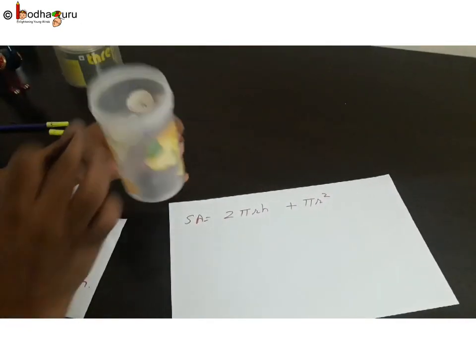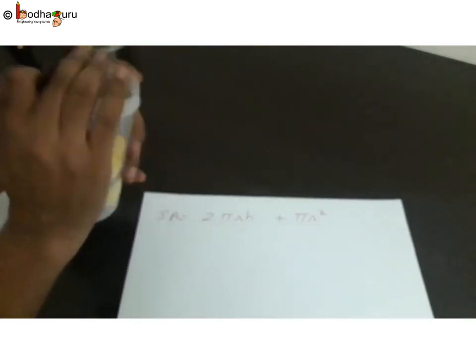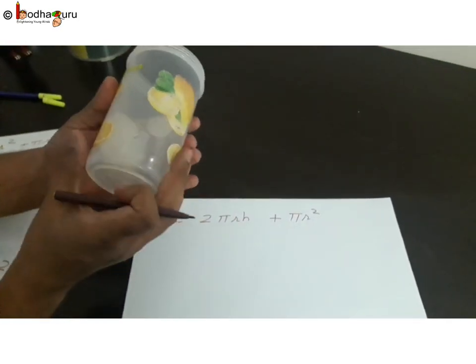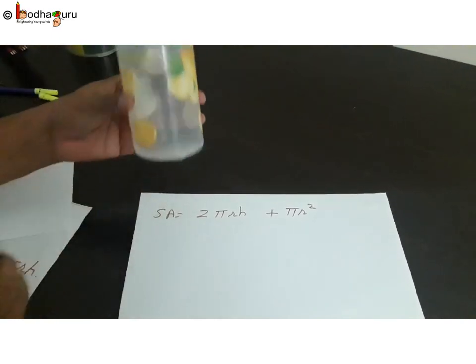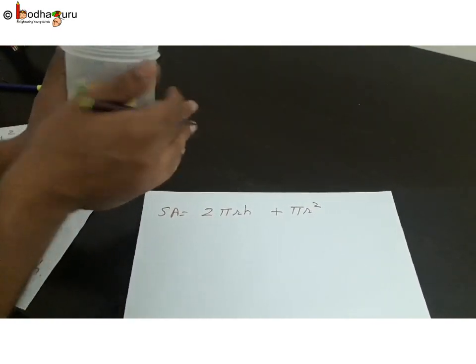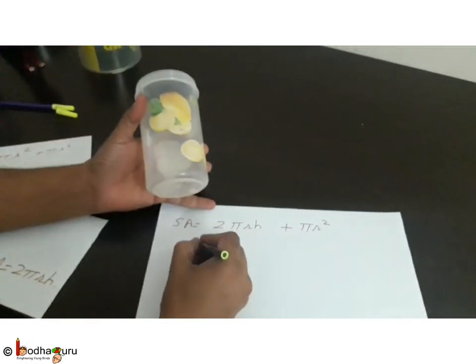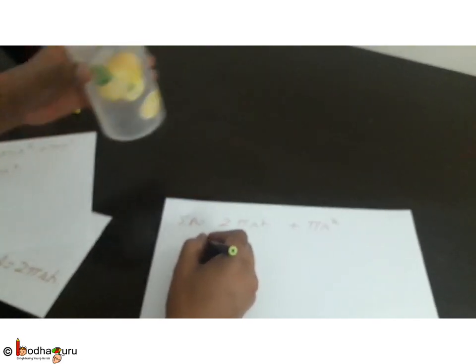So we will not be having another area pi r square here, because this is open here. We don't need any plastic here to manufacture this box, which is open here. So its surface area will be only the area of this circular part plus area of the base, 2 pi r h plus pi r square, right?